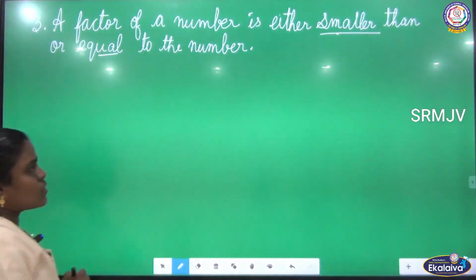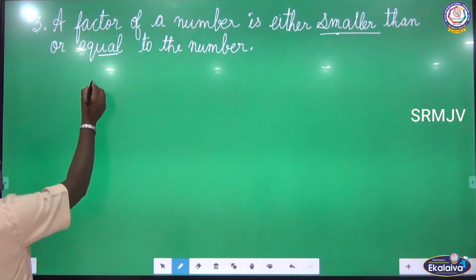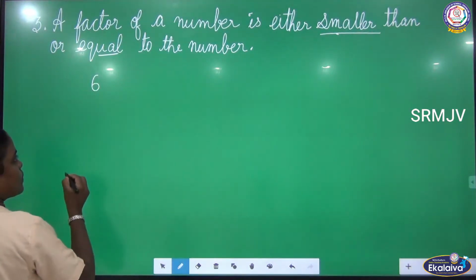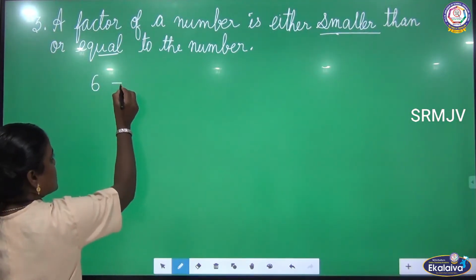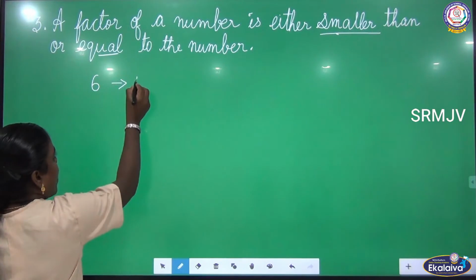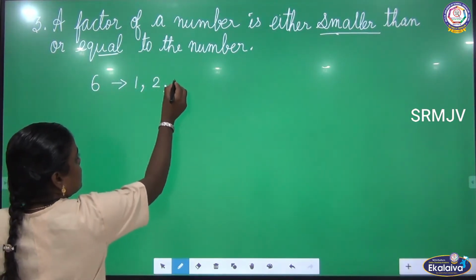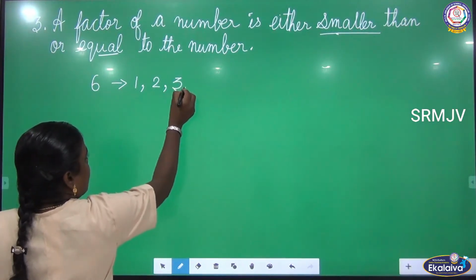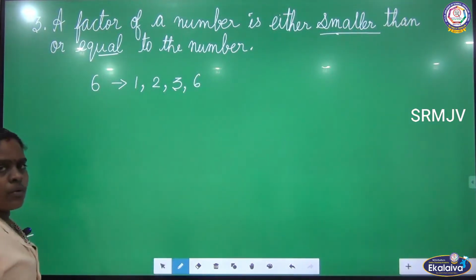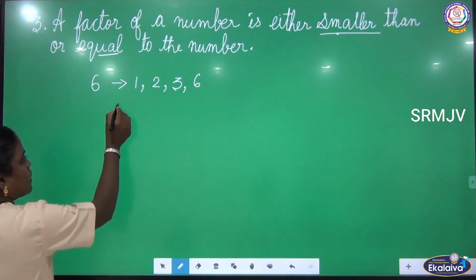Let us find out the factors of 6. So the factors of 6 are 1, 2, 3 and 6.